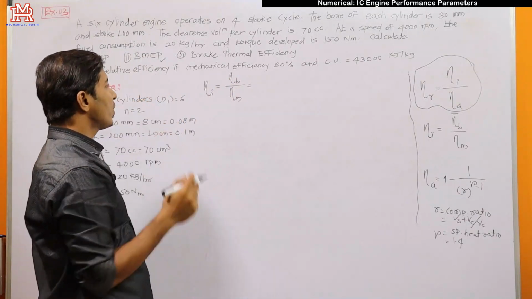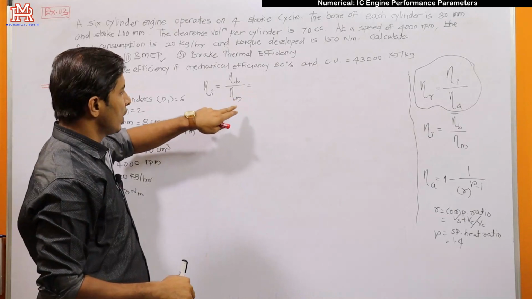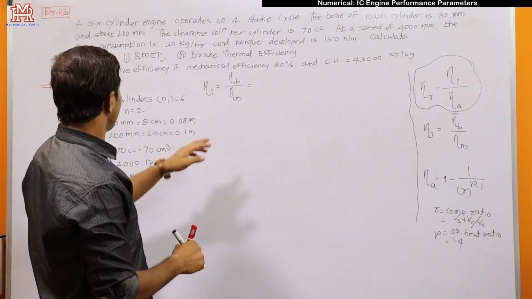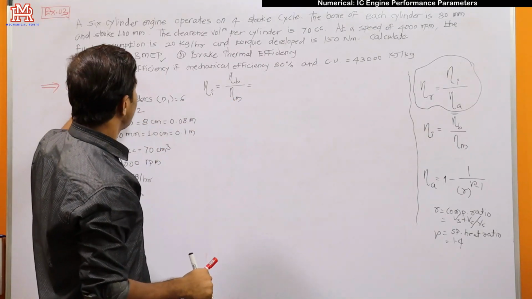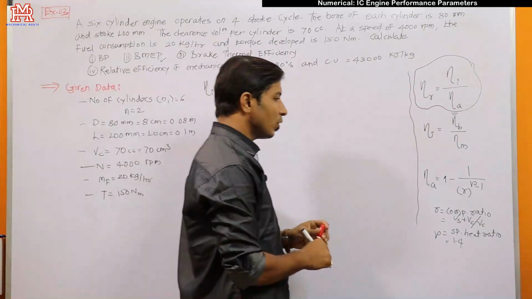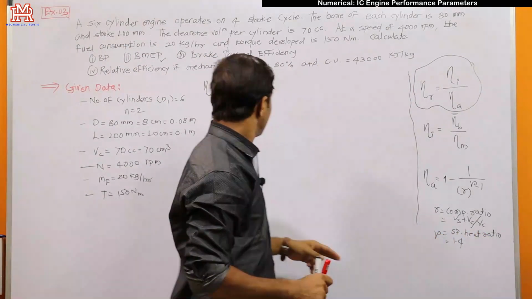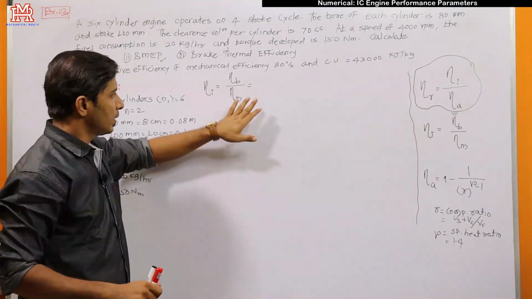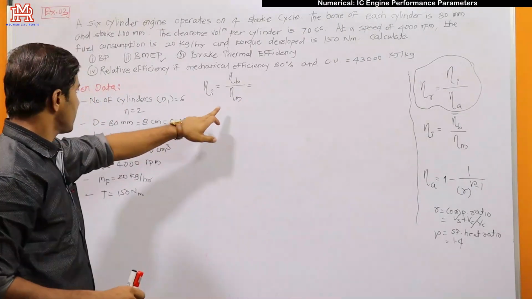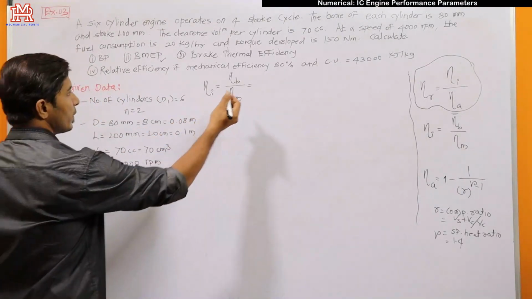We have calculated the brake thermal efficiency and the brake power also. The value of the mechanical efficiency is already given, which is 0.8.